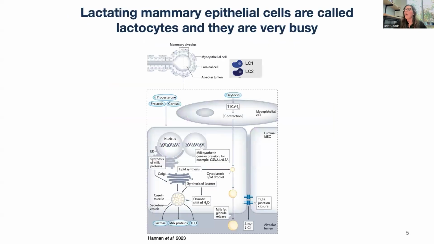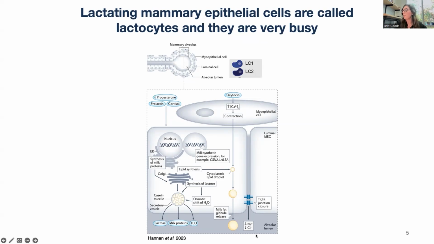Okay. These lactating mammary epithelial cells, like I mentioned, are called lactocytes, and they are very busy cells. They're doing a lot of work. Here's another cartoon showing a lactocyte, and you have the basal membrane here, where myoepithelial cells support these lactocytes.